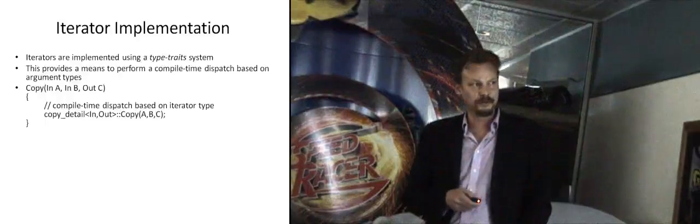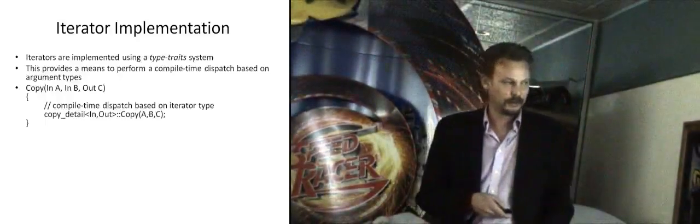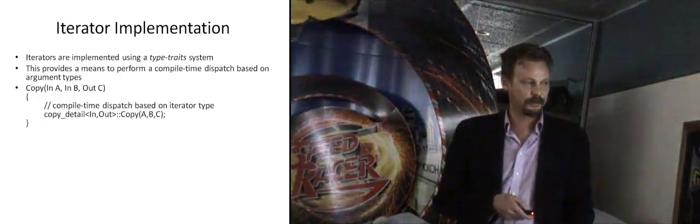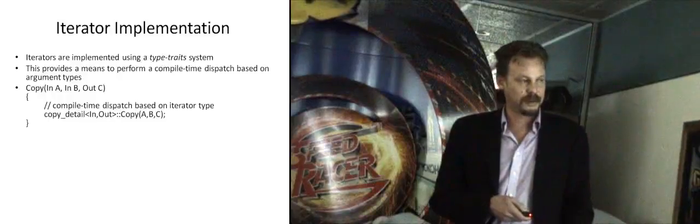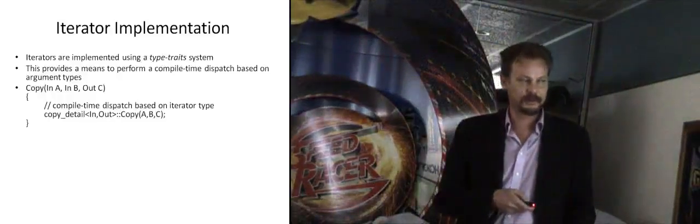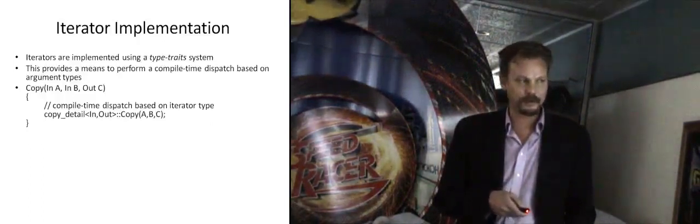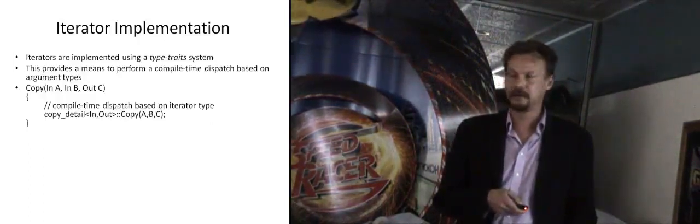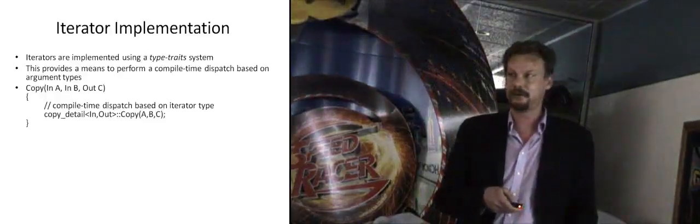Now, what happens in STL when you press Control F7, effectively, is that the compiler will do a static dispatch on the types of things that you pass in to figure out how to generate the code, and then use that to actually generate the code given the actual instances that you've passed in.